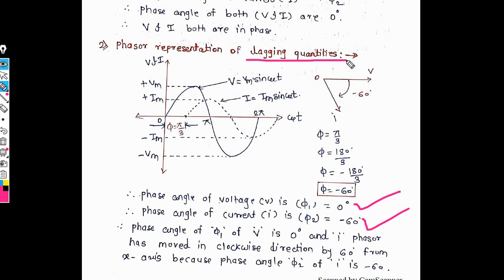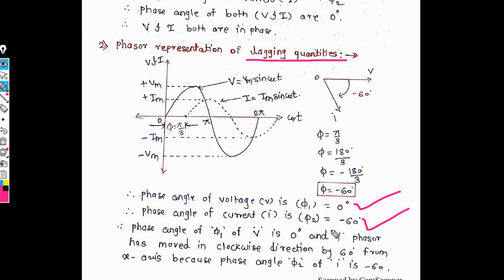Okay. Then also, the phase angle of voltage V, phi 1, is 0 degree, and the phase angle of current I, phi 2, is minus 60 degree.